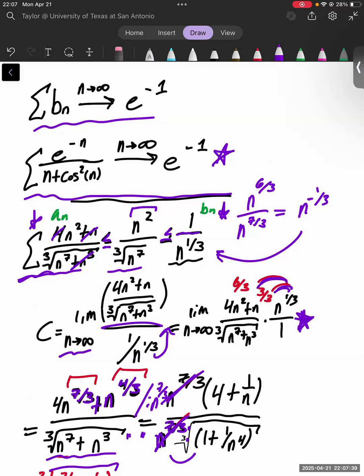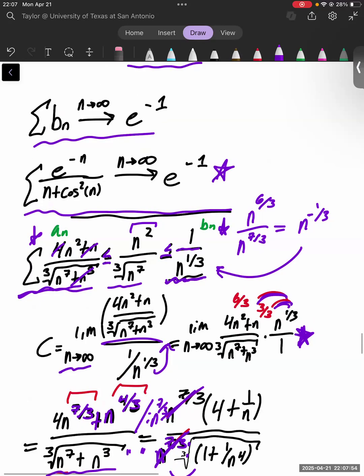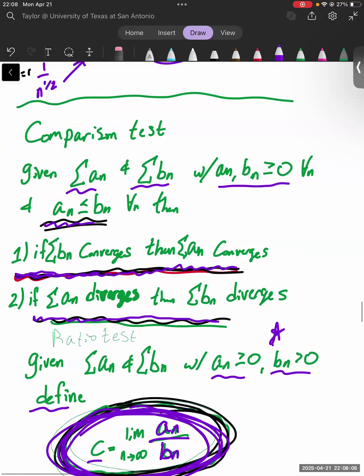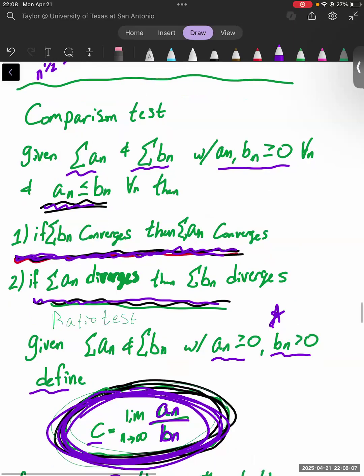I can determine this limit and see what this converges to, or I can make my life easy and just take the limit as n approaches infinity of 1 over n to the 1/3, because remember, this is our an, this is our bn. So I'm just going to evaluate this, because if bn converges, then an converges.